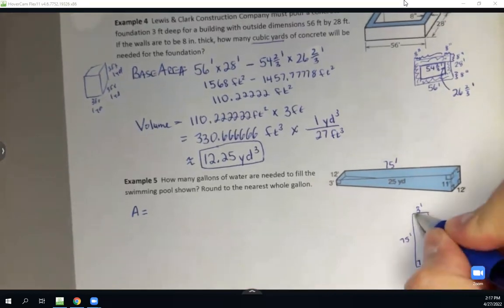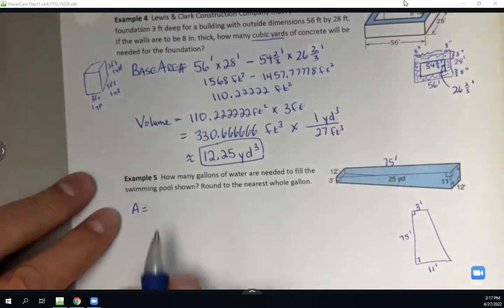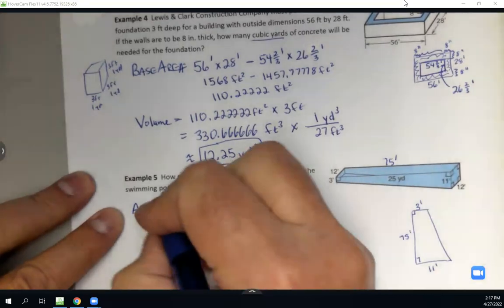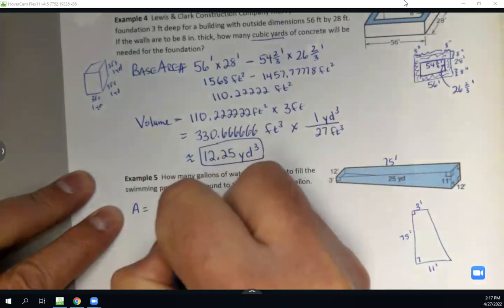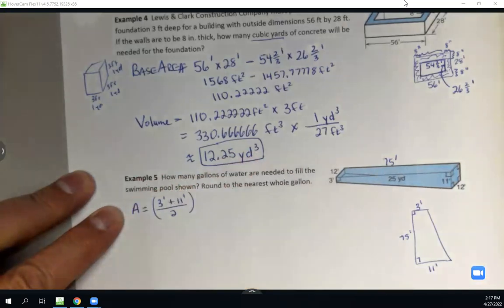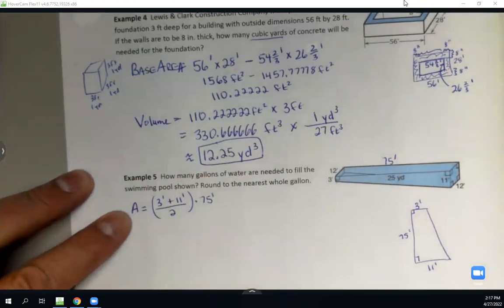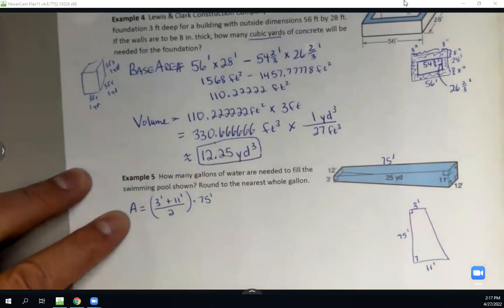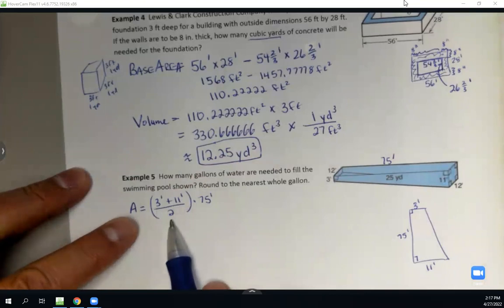And these are right angles. So the 75 feet is the height. It's one of the sides, but it's also the height. It's a right trapezoid. So my area is going to be base 1, so 3 feet, plus base 2, 11 feet, divided by 2. And then that's going to be times the 75 feet. Now 3 plus 11 is 14, and 14 divided by 2 is going to be 7.